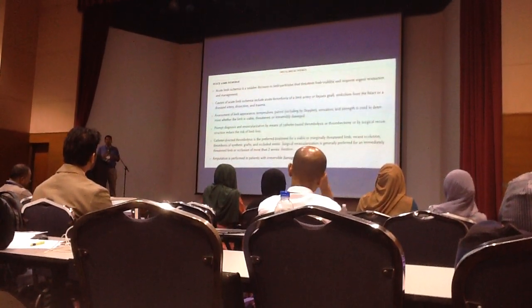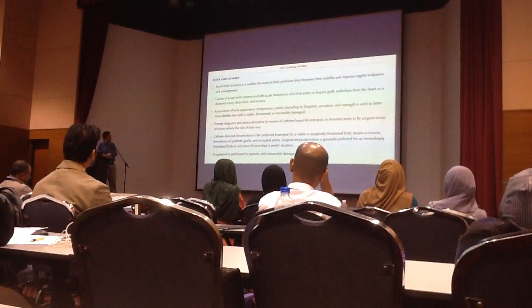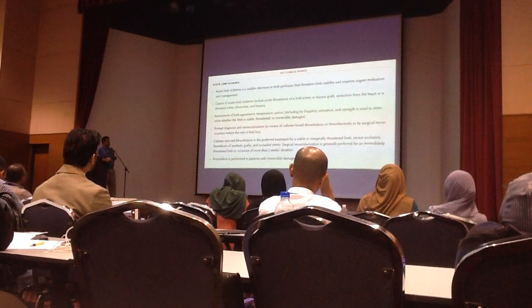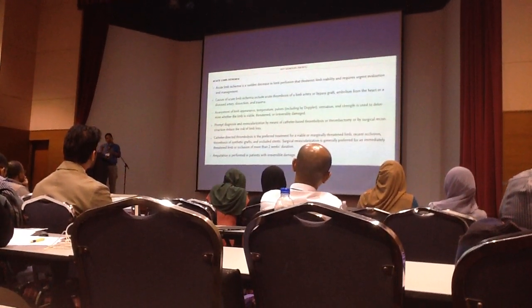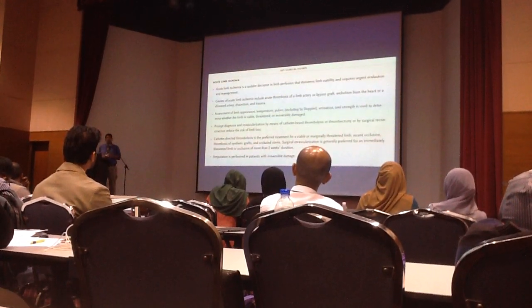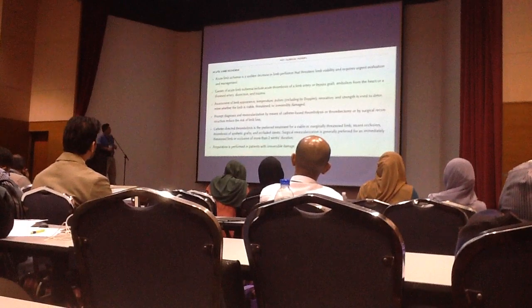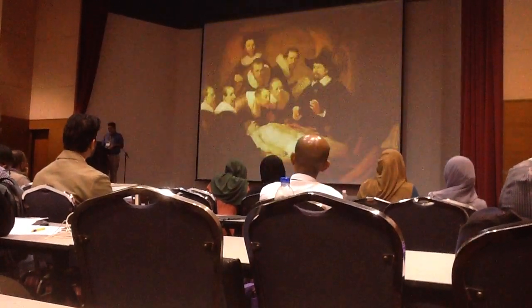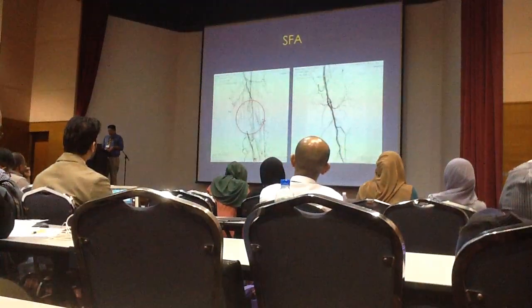Then there is a good discussion between you and your referral to the tertiary center. This is a contention actually, this statement on catheter-directed thrombolysis, but I would save that just for thrombosis rather than acute embolus. And amputation again is a form of treatment. It's not a failure of treatment, it's a form of treatment.